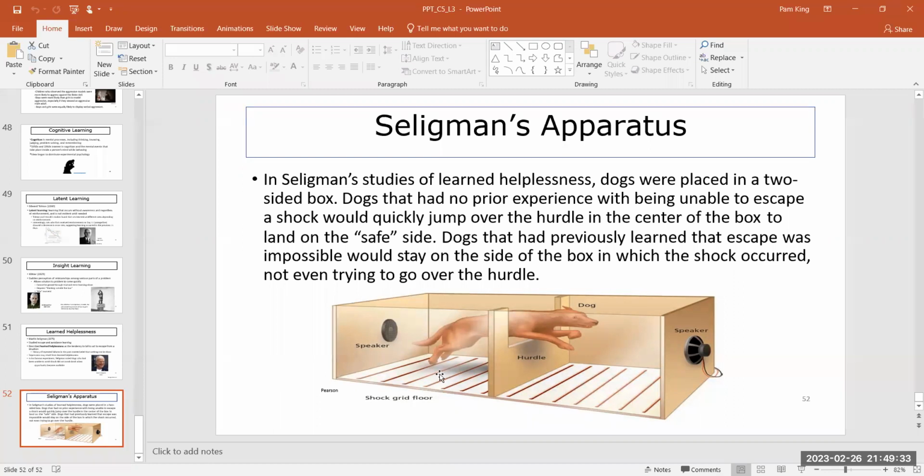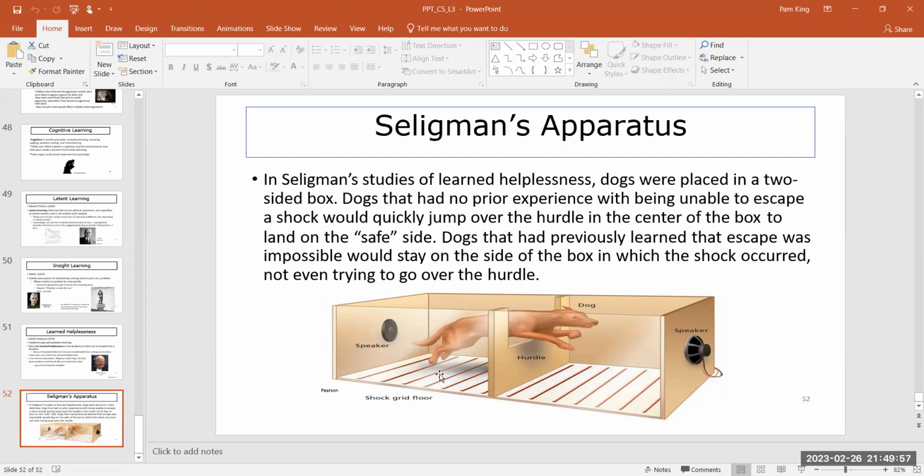It was clear that there was an escape hatch there. He turned on the shock grids on the floor, and instead of these dogs jumping through the escape hatch to the other side, they just gave up and sat down and took it.